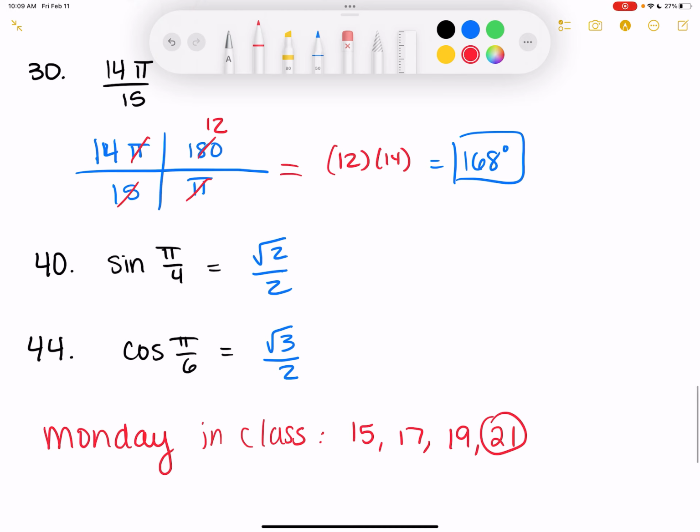And then for conversions, 25, 27, and 29. Okay, and I'm giving you more because you're going to have a whole class period to do it. And then for just making sure that you're reading a unit circle correctly, 39, 41, and that's it. Okay?